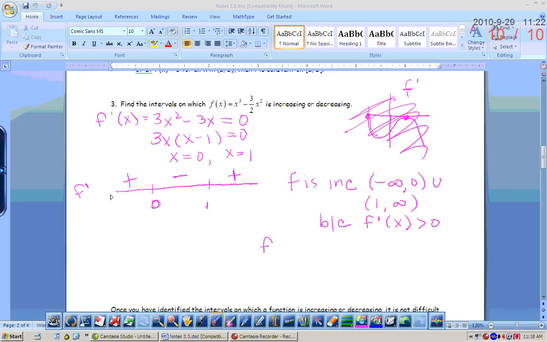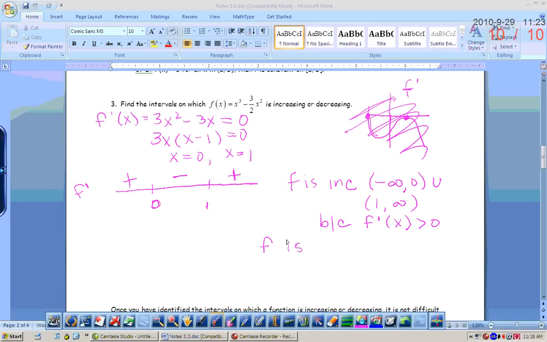Well, this little chart that we made right here is telling me that between negative infinity and 0, f prime is positive, and positive is the same thing as greater than 0. You could write because f prime of x is positive, but I think greater than 0 is easier.